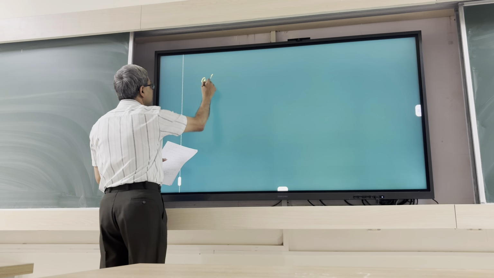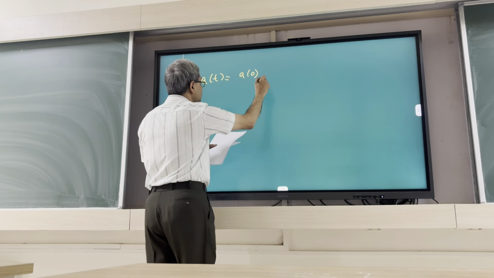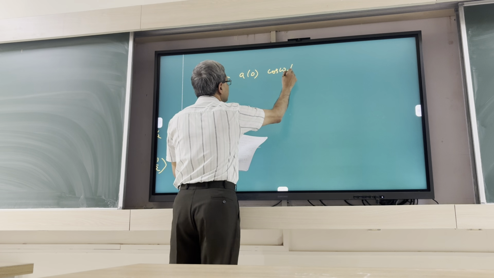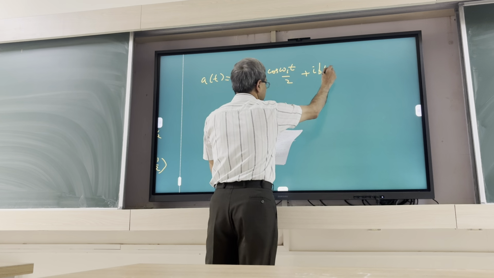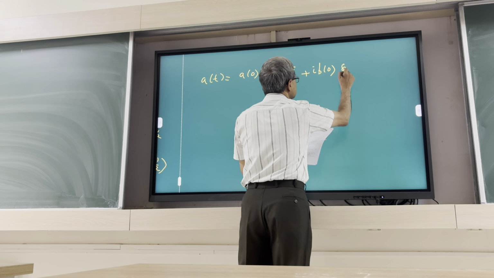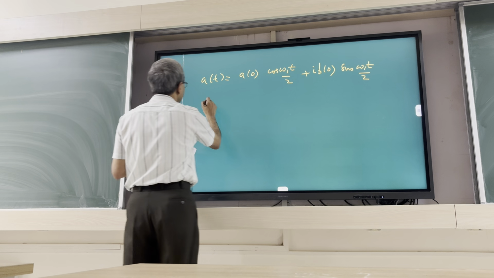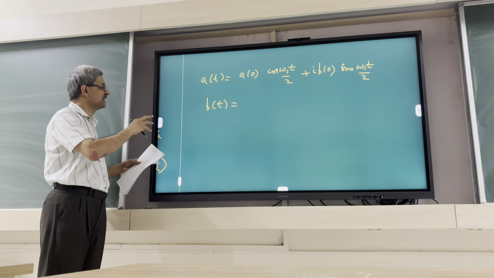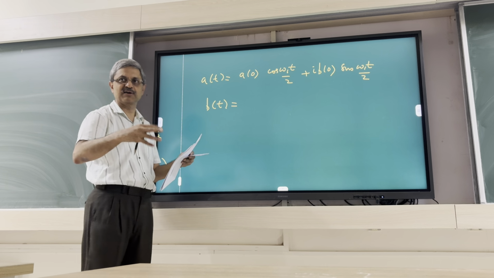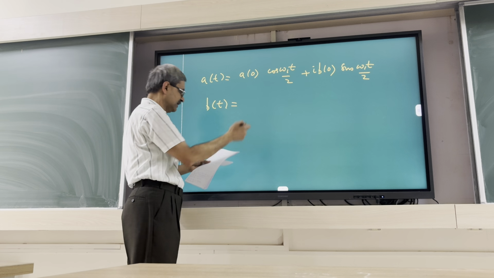There's some interesting outcome of that anyway. So you get A of t as A0 cos omega 1 t by 2 plus i B0 sin omega 1 t by 2, and B of t. So you have a time dependent wave function where you are expressing this psi prime in terms of this complete set, half and minus half, and the relevant coefficients have this time dependence.